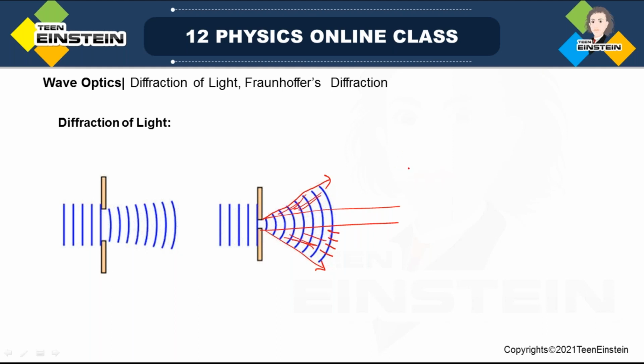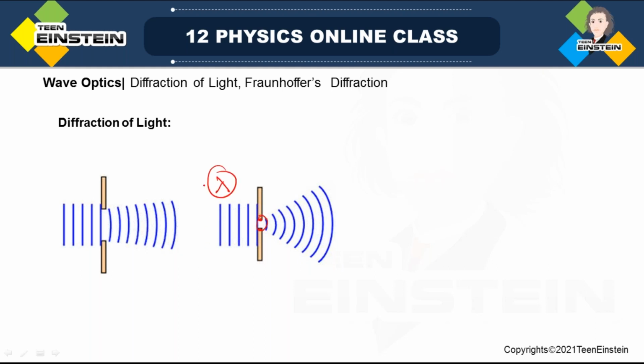It will not be a dark shadow; rather, you will see alternating dark and bright regions of light. And this is happening because light is getting bent at the sharp edge. This bending happens only when your aperture or the obstacle is very small in dimension.